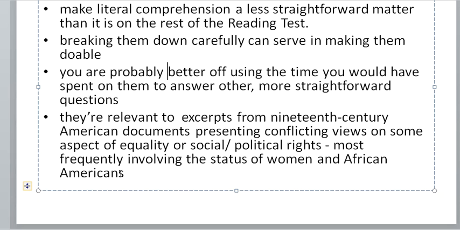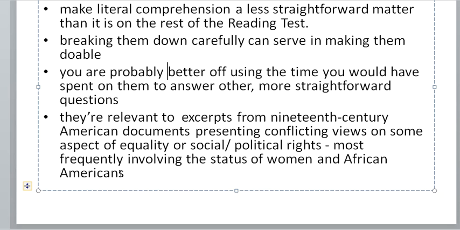So these passages are excerpts from 19th century American documents presenting conflicting views on some aspect of equality or social and political rights, most frequently involving the status of women and African Americans. So all the topics discussed here are relevant to the culture of the United States of America.